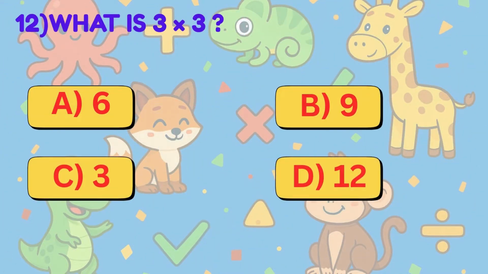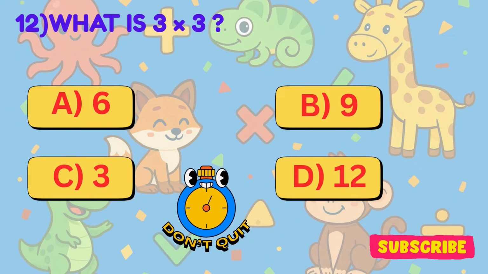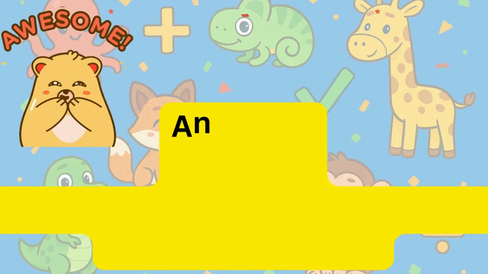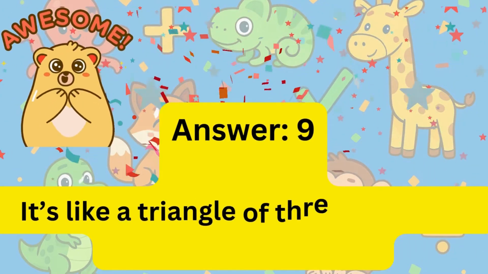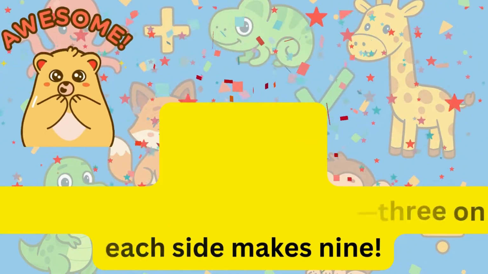What is 3 times 3? Is it A, 6, B, 9, C, 3, or D, 12? Correct answer is 9. It's like a triangle of 3s. 3 on each side makes 9.